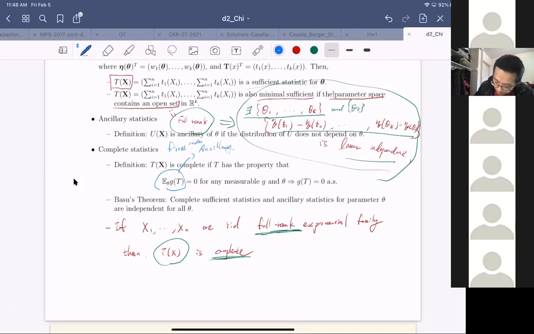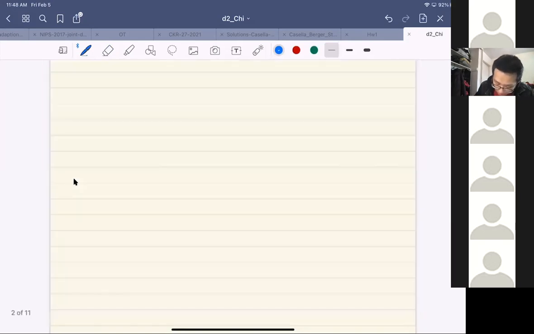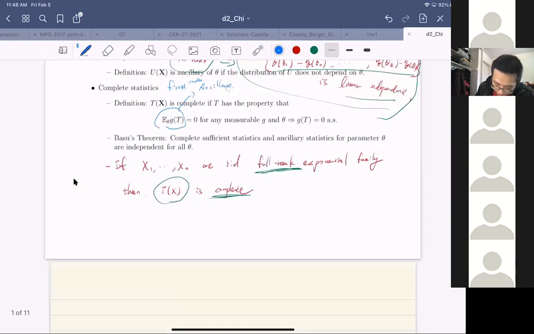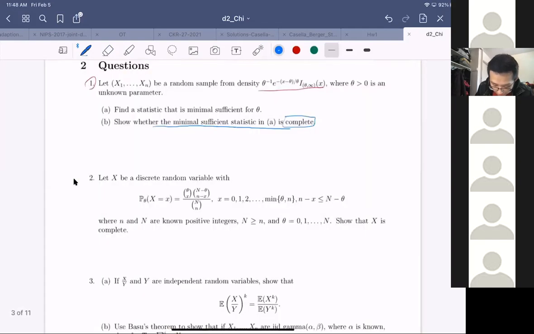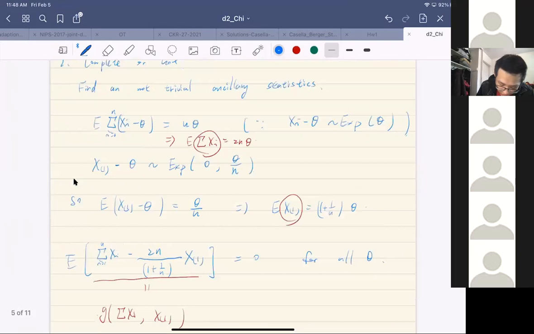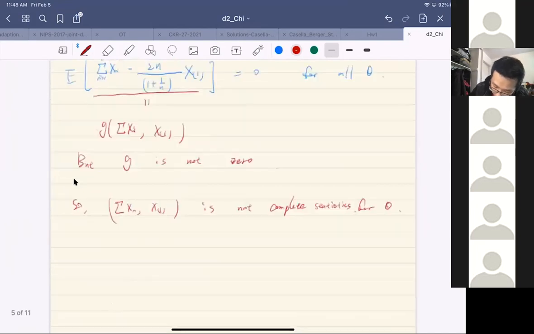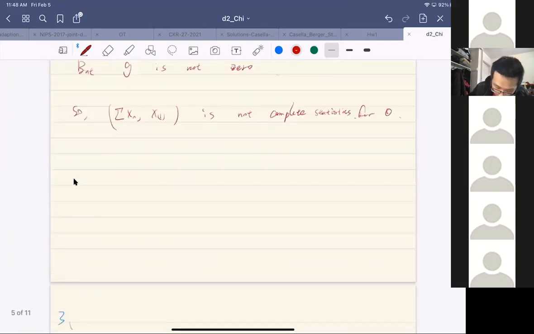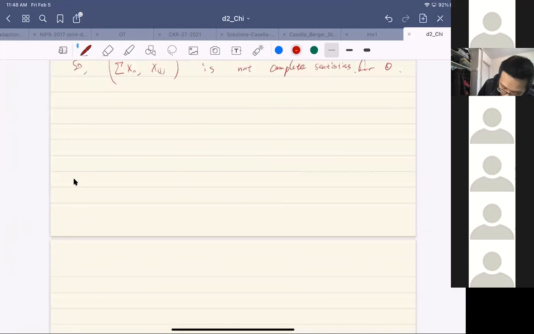Also, could you explain again how you found that the distribution of the order statistic is exponential? Do you mean this one? Yeah. This is a property of the exponential.